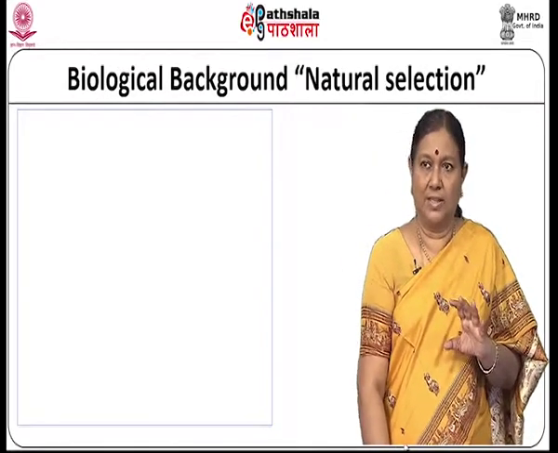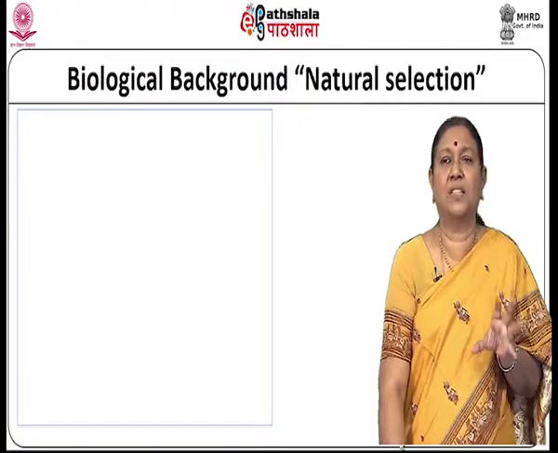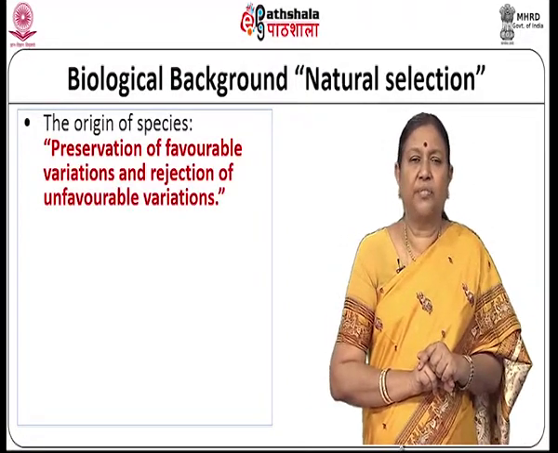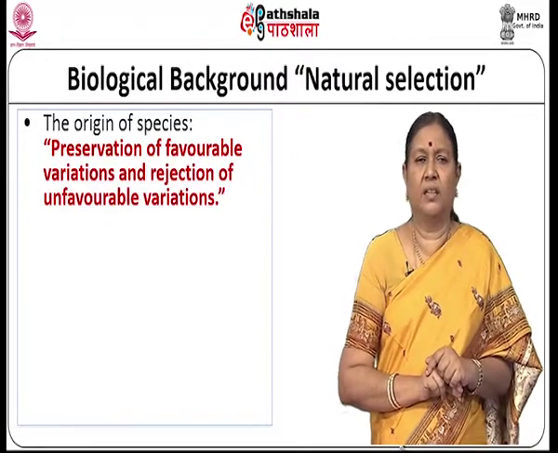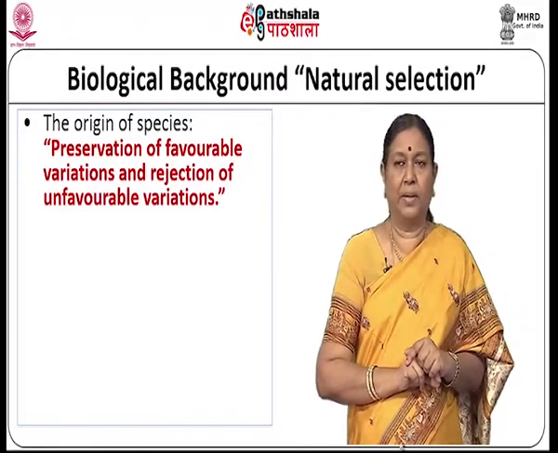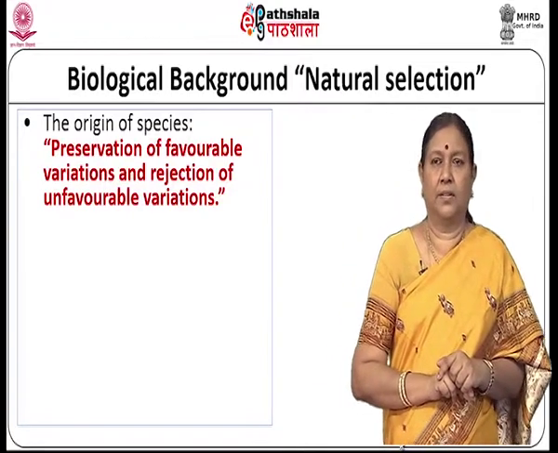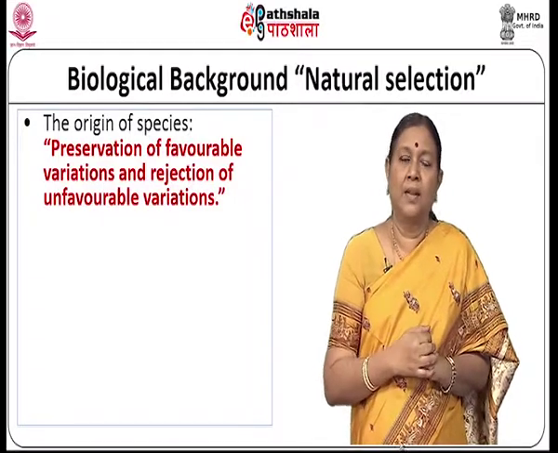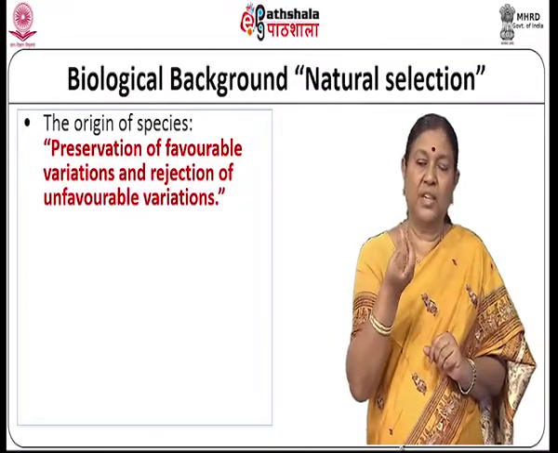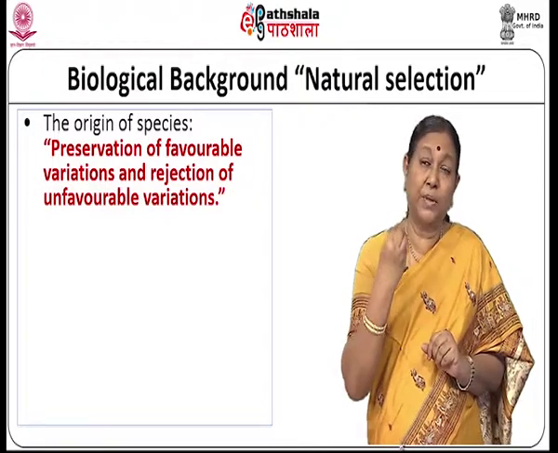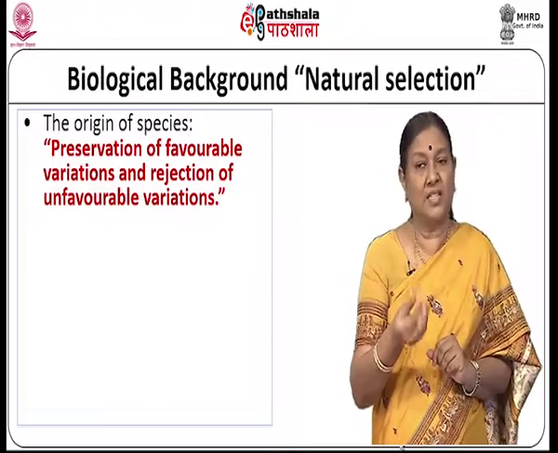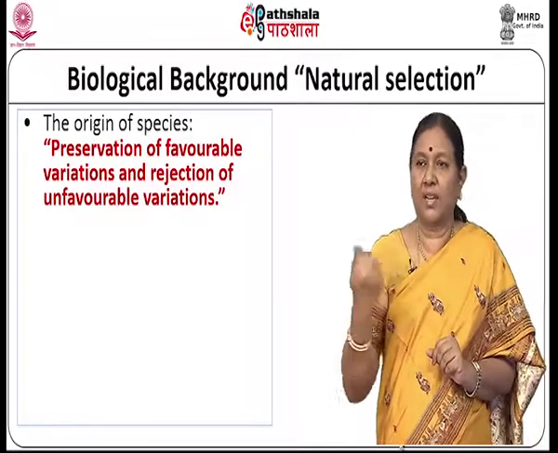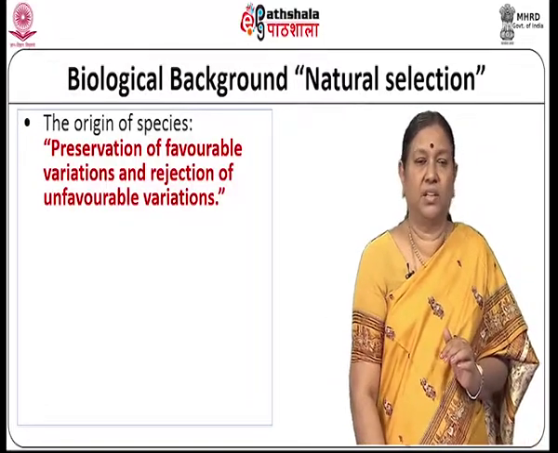Now, let us look at natural selection, that is how parents are selected. The origin of species is the preservation of favorable variations and rejection of unfavorable variations. So, when evolution of species takes place, the basic condition is that it will try to preserve the favorable variations and reject the unfavorable variations, so that they are stronger as we go down the generations.